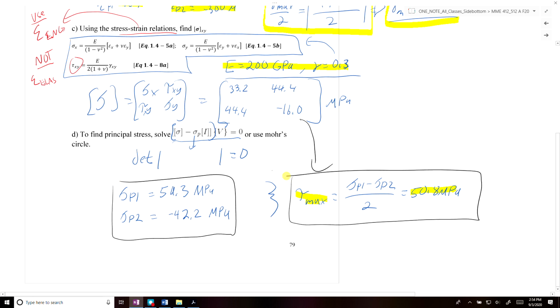We got the same exact answers. So what I'm trying to say is if you have the principal strains, you can convert them directly to the principal stresses, or if you have the maximum shear strain, you can use the stress-strain relationships to find the maximum shear stress for any given state of stress or strain.